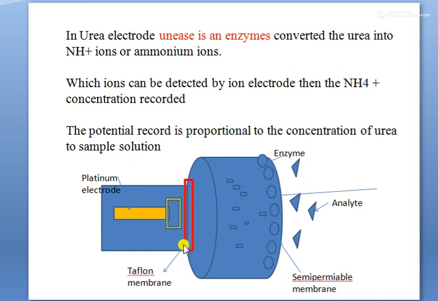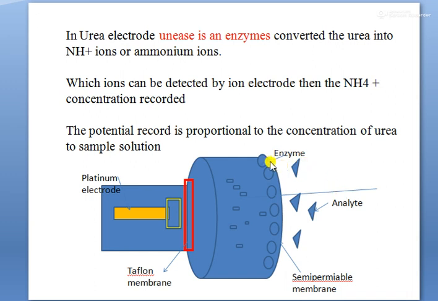As you can see, there is a red membrane, called the Teflon membrane, and this is the inner side of the urea electrode. When we use urea as the analyte, indicated as a triangle shape, it reacts with the enzyme already present as the biomolecule in the biosensor, that is the urease enzyme, right?